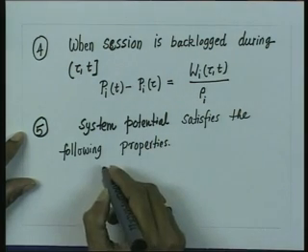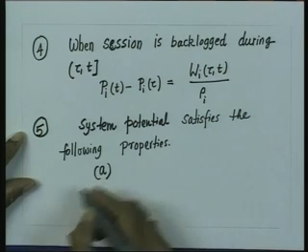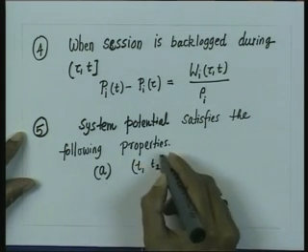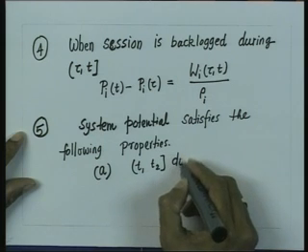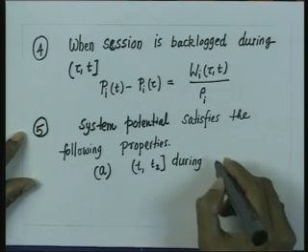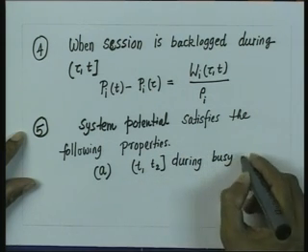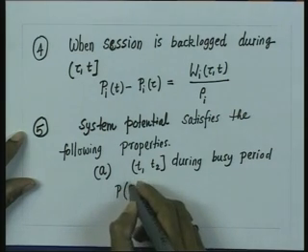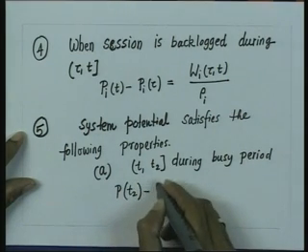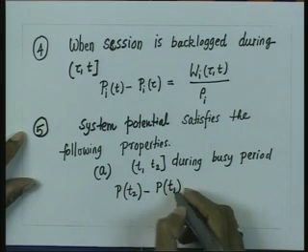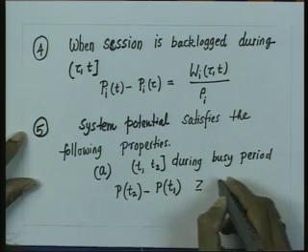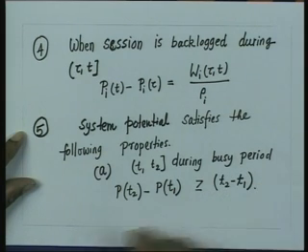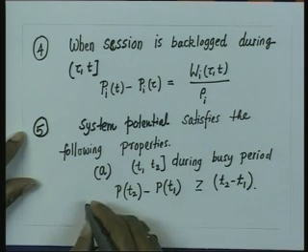What are those properties? One is that during an interval T1 to T2, within the system busy period, P(T2) minus P(T1) is greater than or equal to T2 minus T1.